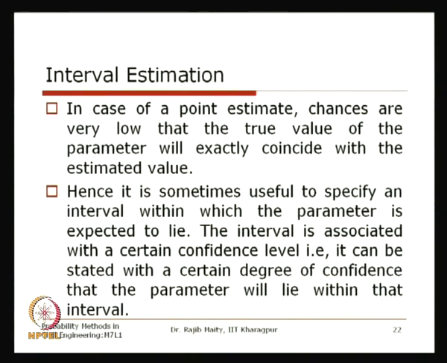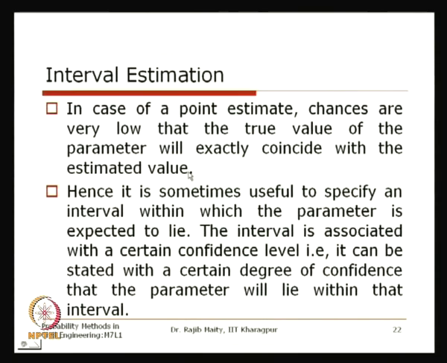Now in interval estimation we generally look for an interval in which, with some confidence, the actual value of the parameter should lie. So this is what interval estimation is. In the case of a point estimate, the chances are very low that the true value of the parameter will exactly coincide with the estimated value.